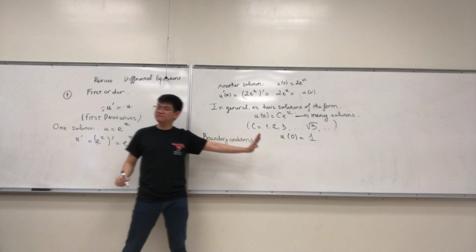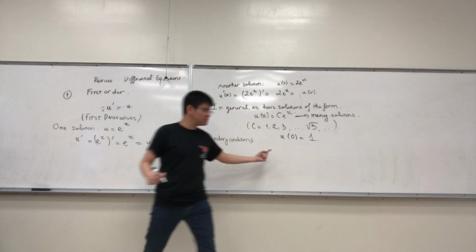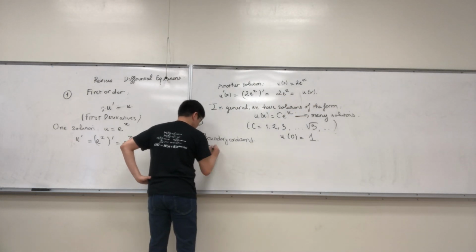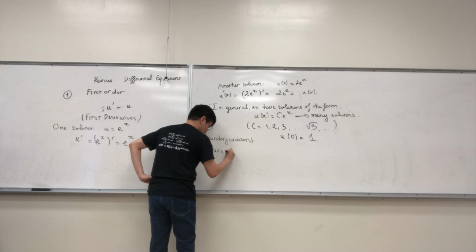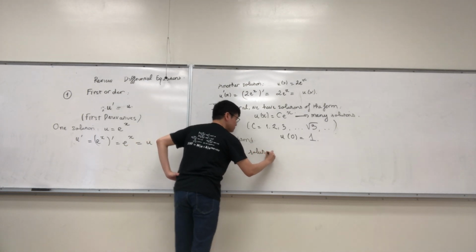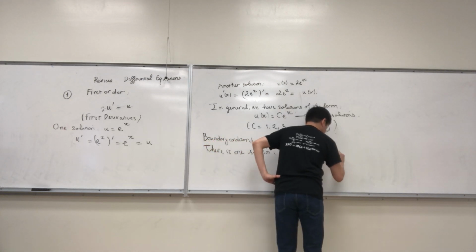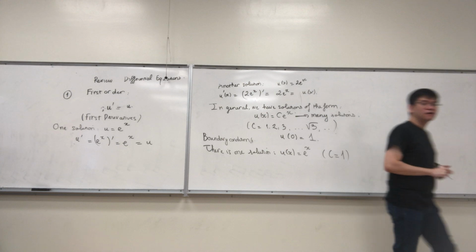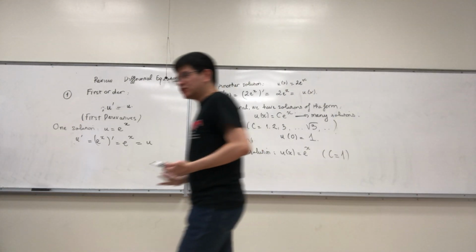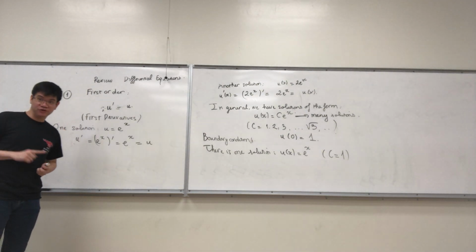So when I have u of 0 is equal to 1, there is only one solution that satisfies this condition, which is u of x is equal to e to the x. In this case, c is equal to 1. All right? So in other words, the boundary condition is given so that you have one solution to the equation, right?